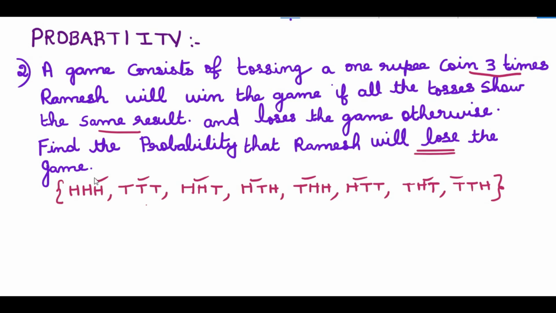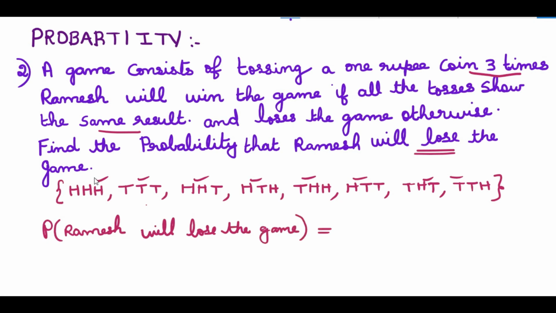So the probability that Ramesh will lose the game is the number of favorable outcomes divided by the total number of outcomes. The total number of outcomes is 8. The number of favorable outcomes is 1, 2, 3, 4, 5, 6. So 6 by 8.